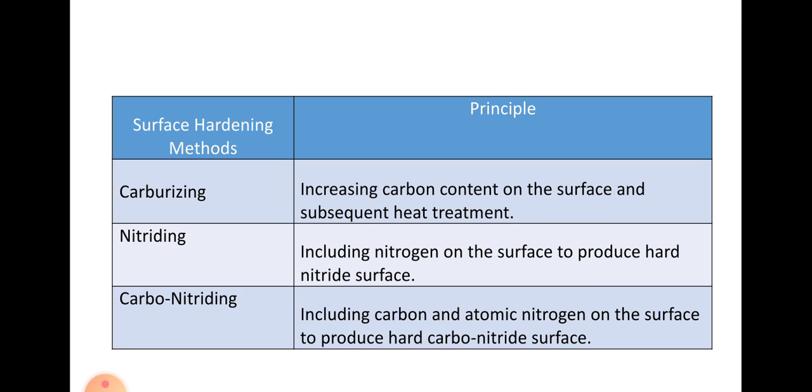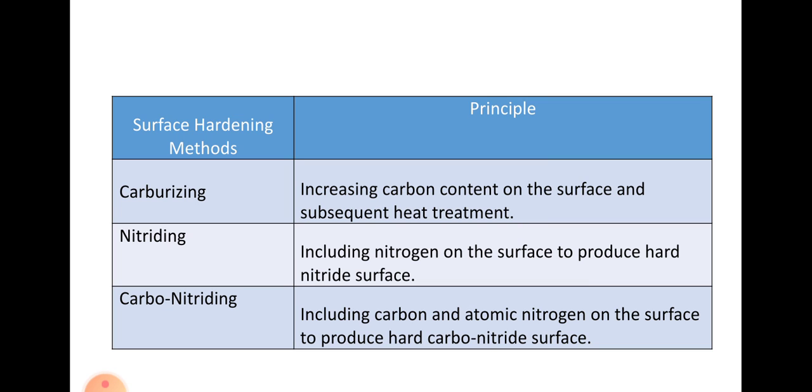Mainly there are five types of surface hardening treatments. First, carburizing, where carbon is increased on the surface of steel and then hardness increases. Second, nitriding, increasing the nitrogen on the surface of steel so hardness increases.